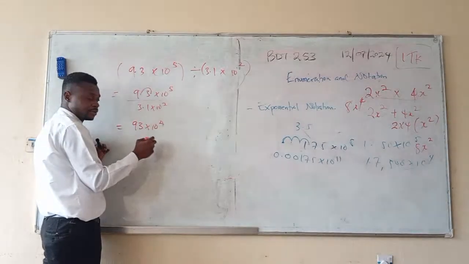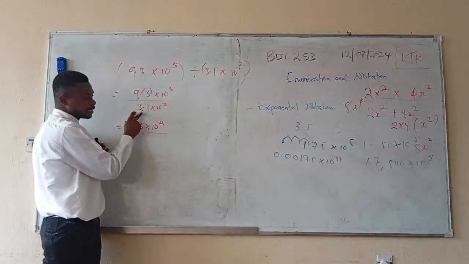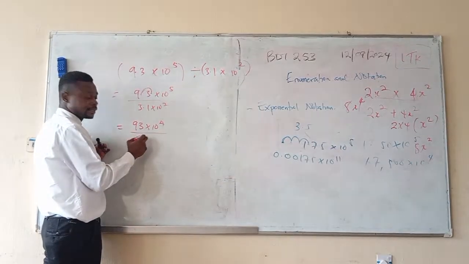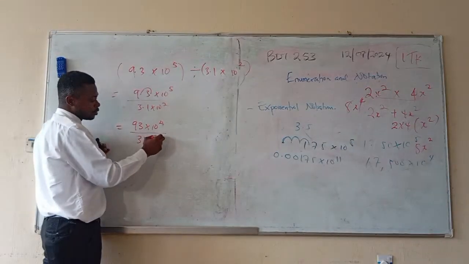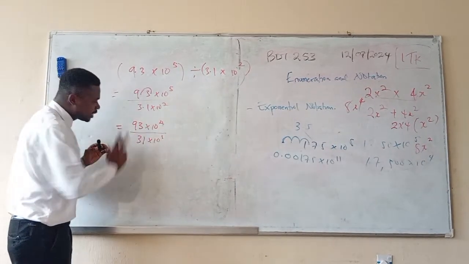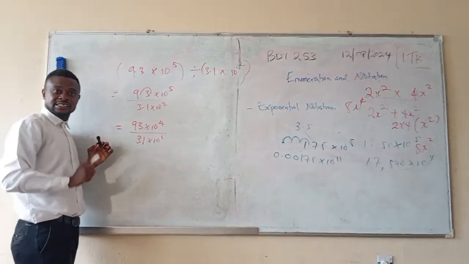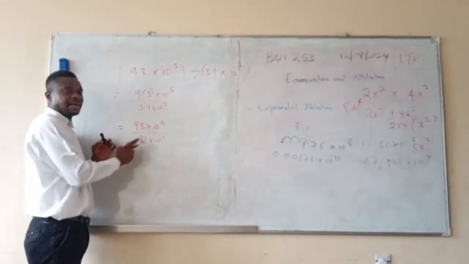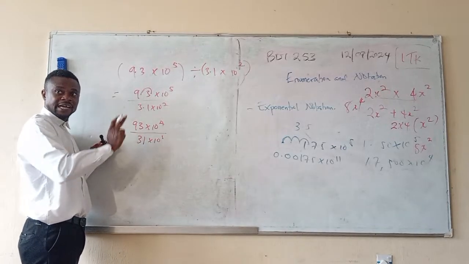Is it clear now? Good. Divided by 3.1, we do something here. We create 31, right? The power of 10 is 1, which is the same as 10. But let's leave it at that. So we have created a number we can handle easily now. Remember I said that the coefficient part can be divided with normal division, right?